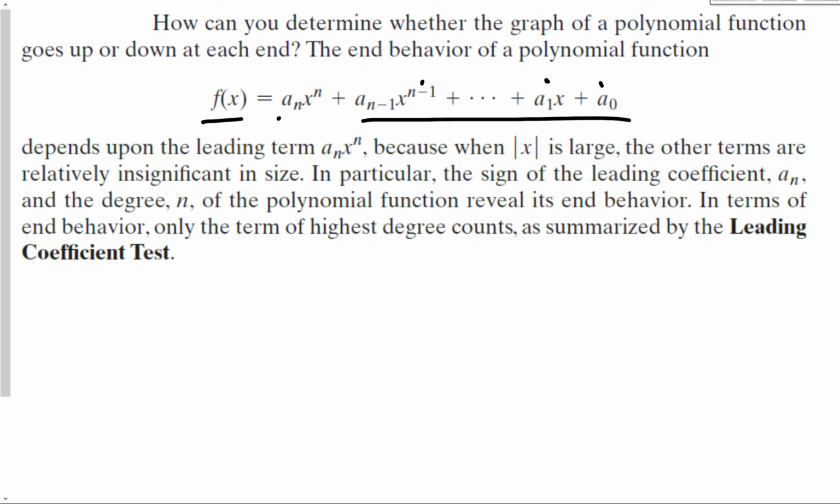Okay, so this term is really going to have the biggest effect on the function. In particular, the sign of the leading coefficient, a sub n, and the degree n of the polynomial reveal its end behavior. In terms of end behavior, only the highest degree counts. And this is summarized on the next page by something called the leading coefficient test.